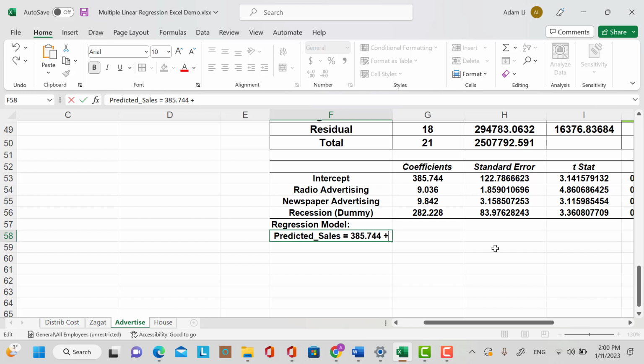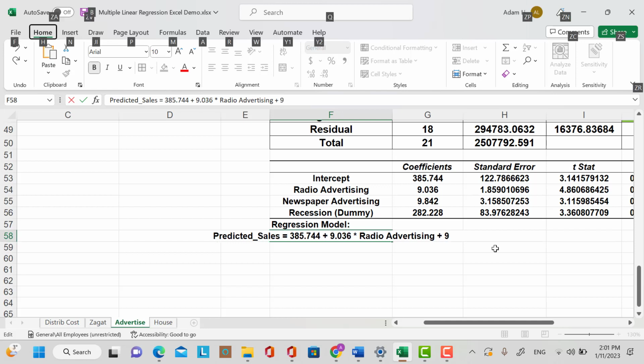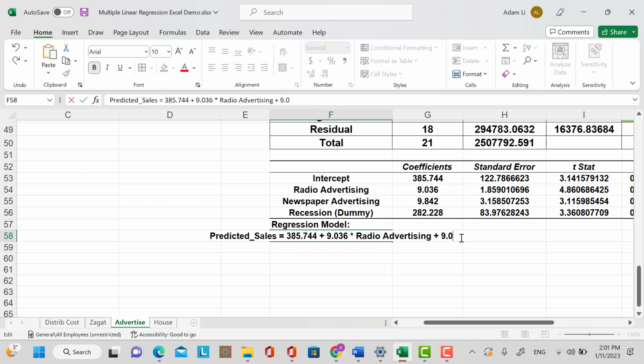Okay, it's going to be 9.036 times radio advertising plus 9.842 multiplied by newspaper advertising.